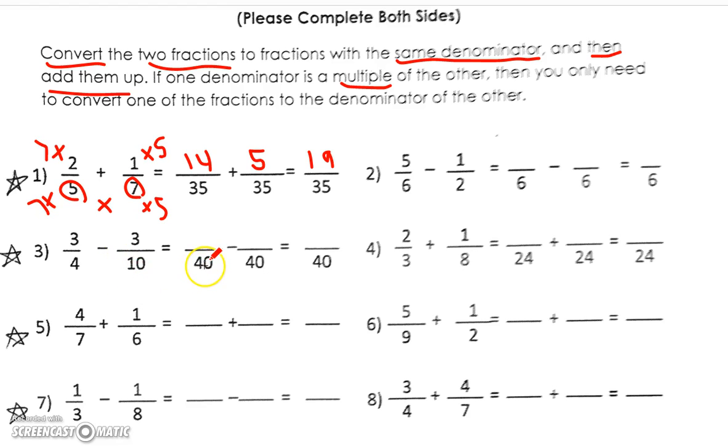For this purpose, we pick the number 40, which is just multiplying our denominators together. 4 times 10 equals 40. I know that I'm multiplying 4 times 10 on this side. Whatever I do to the bottom, I do to the top, our numerator. So I'm going to multiply 3 times 10 as well. 3 times 10 equals 30.